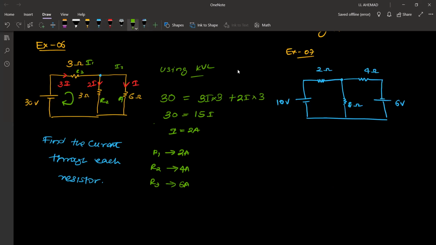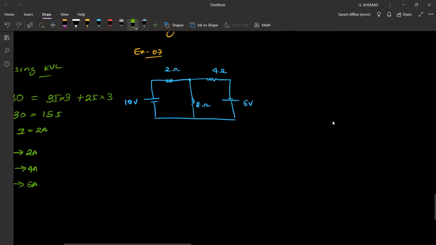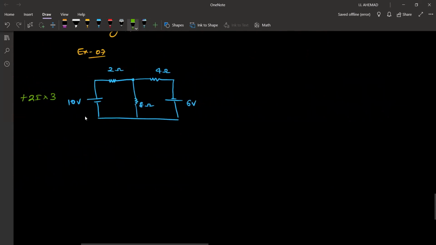Okay, in this question, tell me from where shall we start marking the current? From 10-volt battery or 6-volt battery? Which one is better?